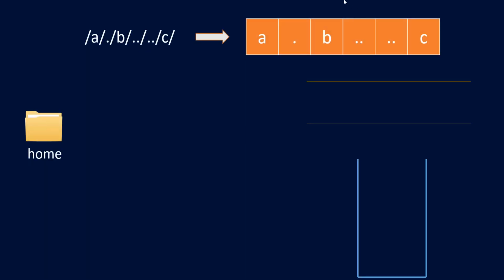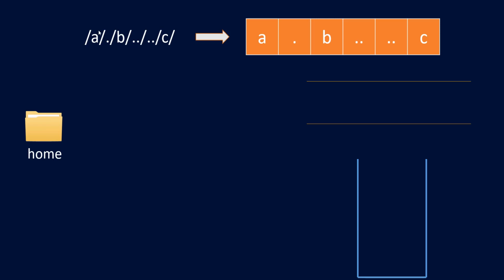I'll show you both of them at once itself. So I'm taking a doubly ended queue over here and I'm taking a stack over here. So let's see how these two approaches would differ. Initially I'll be at my home directory, or that would be a slash. And then for these directories, I'll need to split the string into the directory names or just the operations that are going to be performed.